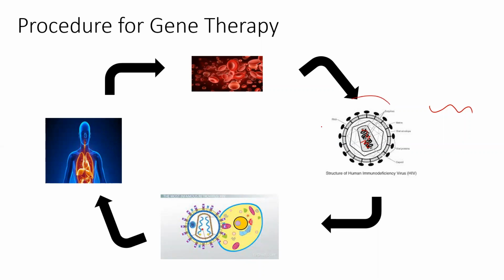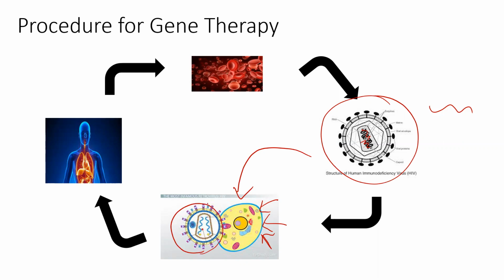Then we allow this retroviral vector to infect the lymphocyte cells. This yellow color part, just imagine these are lymphocytes. We allow the retroviral vector to infect the lymphocytes and then we transfer these lymphocytes back into the human body. This is referred to as ex vivo.